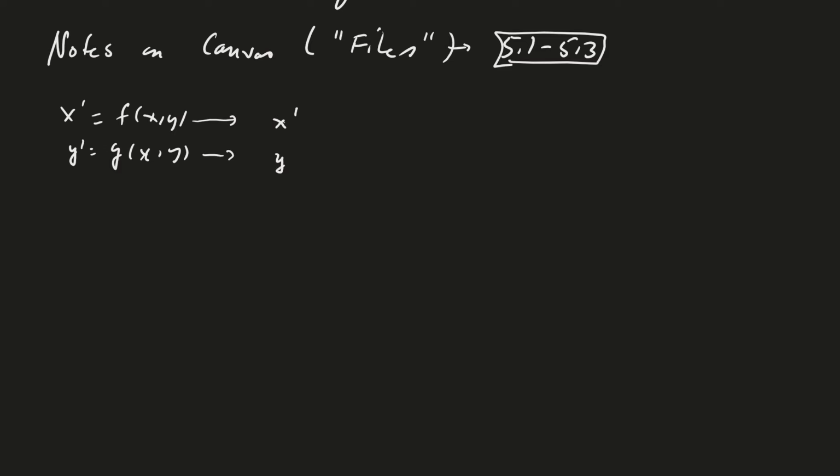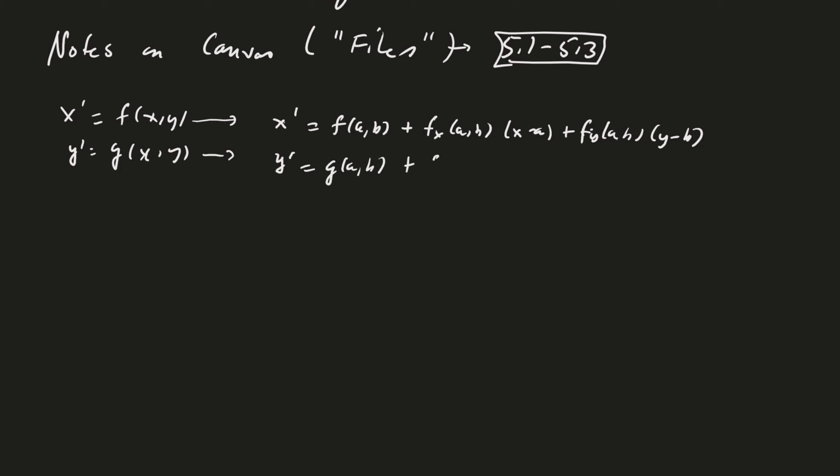So x prime and y prime will become f of a, b plus f sub x at a, b times x minus a plus f sub y at a, b times y minus b, and y prime will be g of a, b plus g sub x at a, b times x minus a plus g sub y at a, b times y minus b.